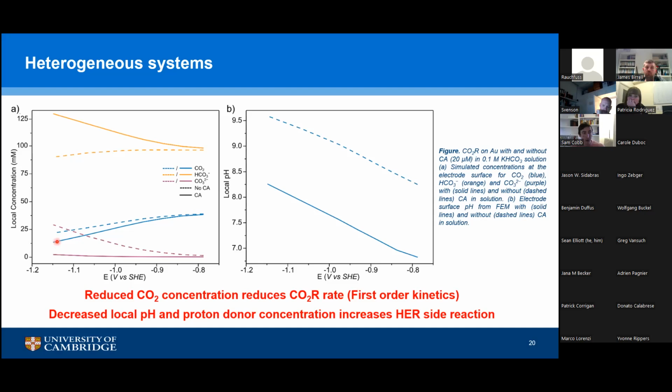With that, we also have converted CO2 into bicarbonate, reducing the local pH, which hurts our hydrogen evolution. Even worse than that, bicarbonate is an excellent proton donor for hydrogen evolution. So we have just made our system immeasurably worse by accelerating our CO2 hydration kinetics, which is really contrary to what you see for enzyme kinetics.